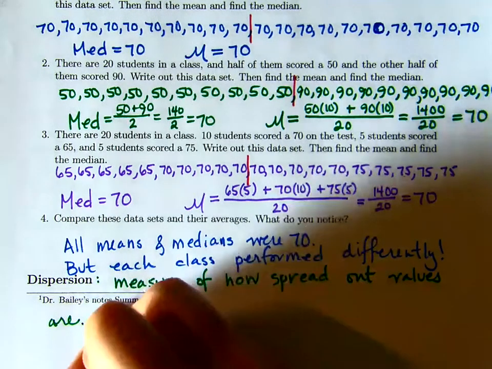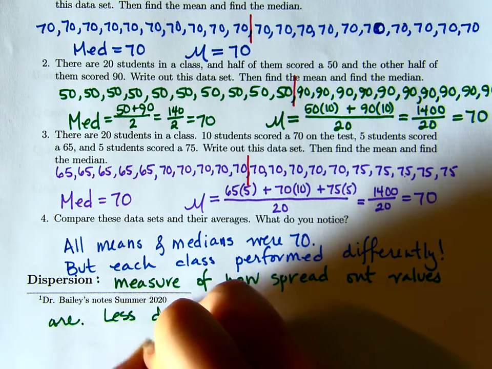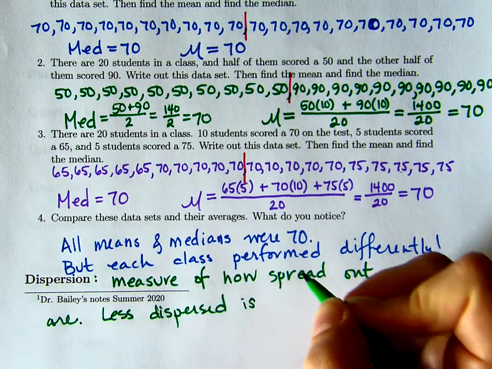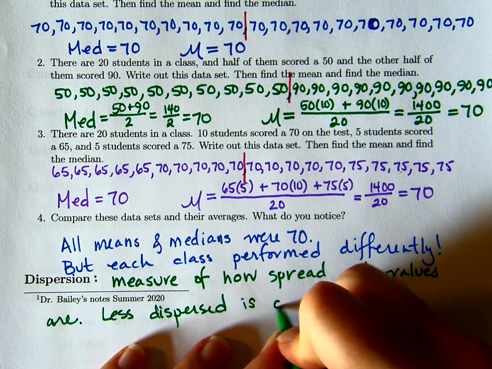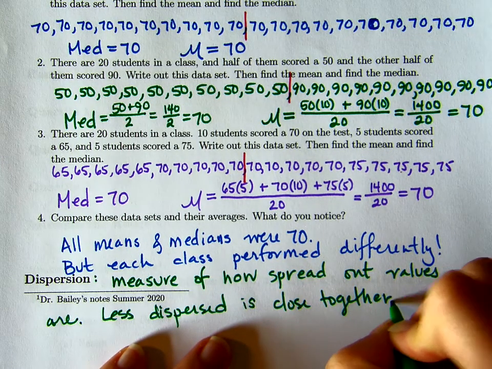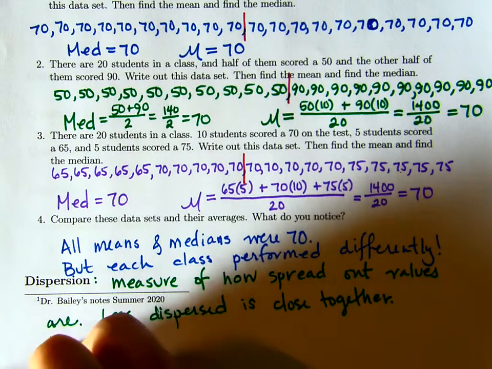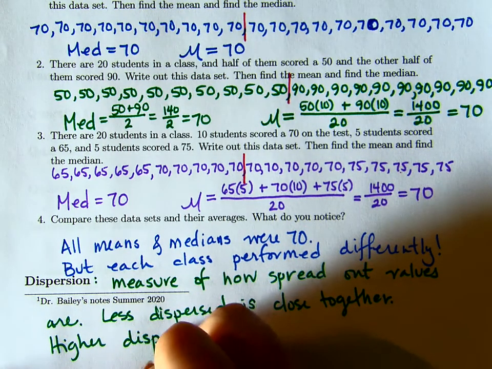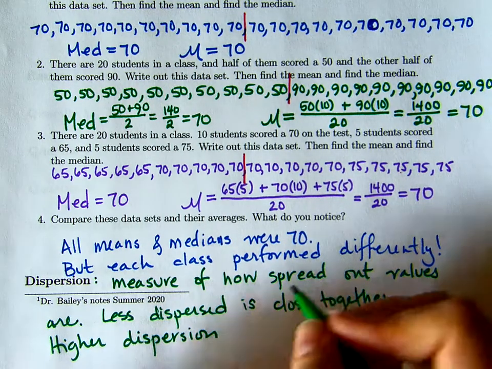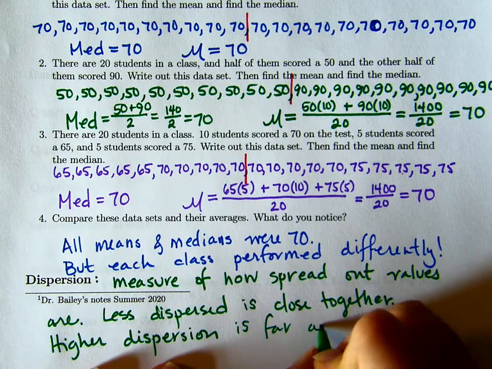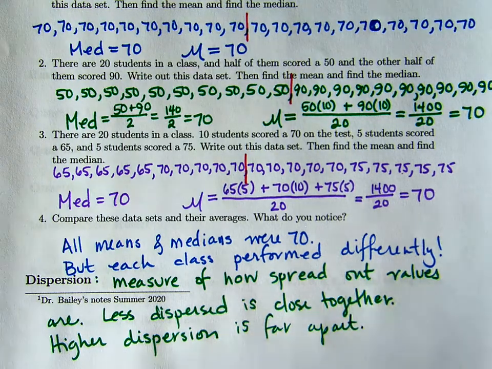So less dispersed is close together, and higher dispersion, so a bigger number for dispersion, means far apart. Okay, so that is how we're going to define it.